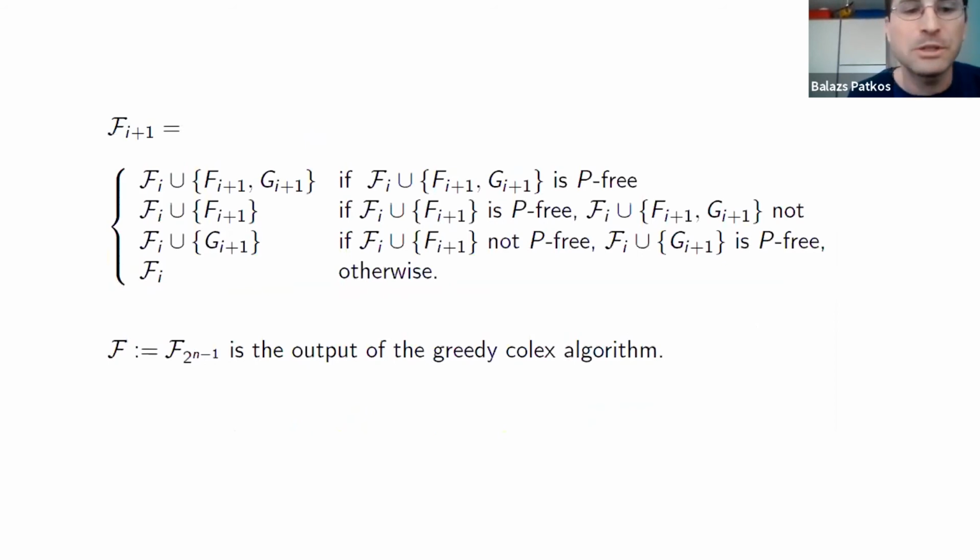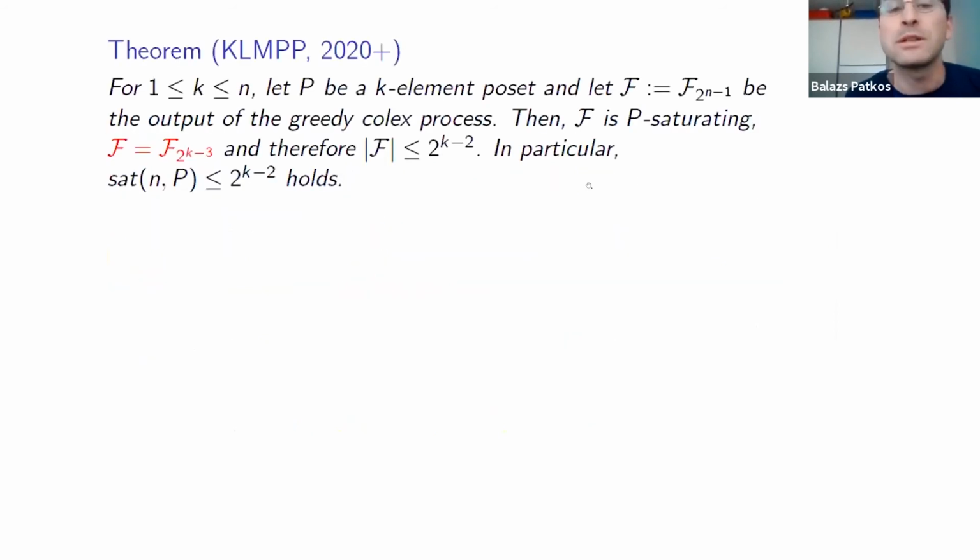Okay, so this is just repetition. Actually we have a little bit stronger statement. What we claim is that if we measure the process in rounds, where one round contains one pair, the corresponding F_i and the corresponding complement G_i, then after the first 2 to the k minus 3 pairs, we will never add anything.